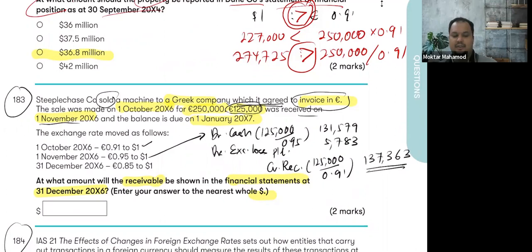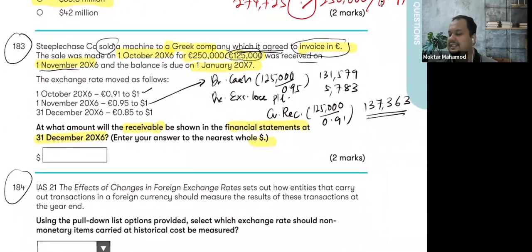Betul. 274,725. Yes, 725. Maksudnya bila yang hujung ni, this decimal point yang dekat 3 ni, kalau dia 7 to 6, dia mudah. 7,363. So maksudnya bila kita tolak half nanti, dia akan jadi issue.